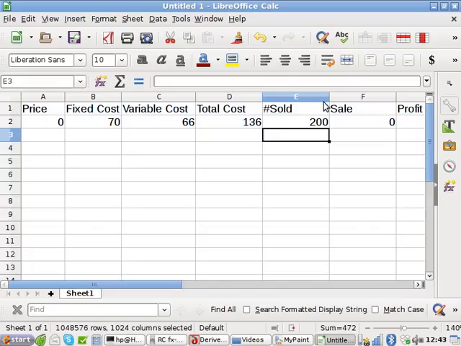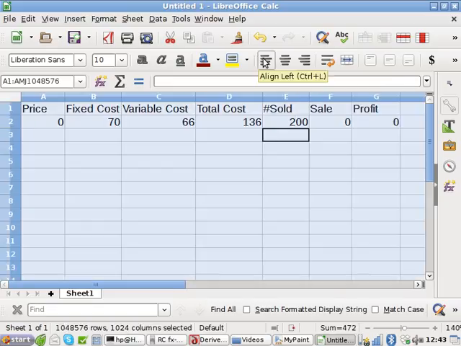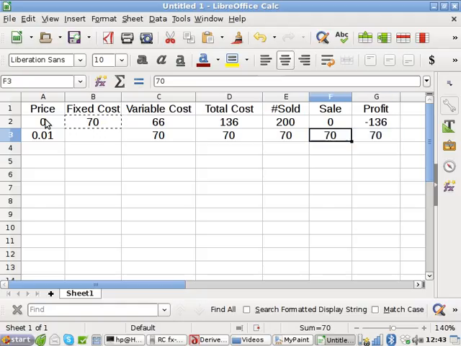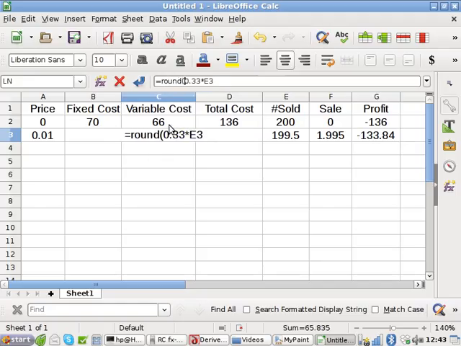The last one here is profit, which is sales minus total cost. So, let's increase the price by 1 cent. Of course, these should all be to 2 decimal places because it's money.